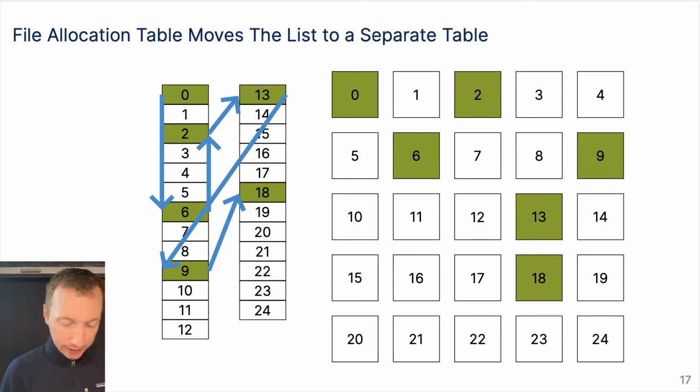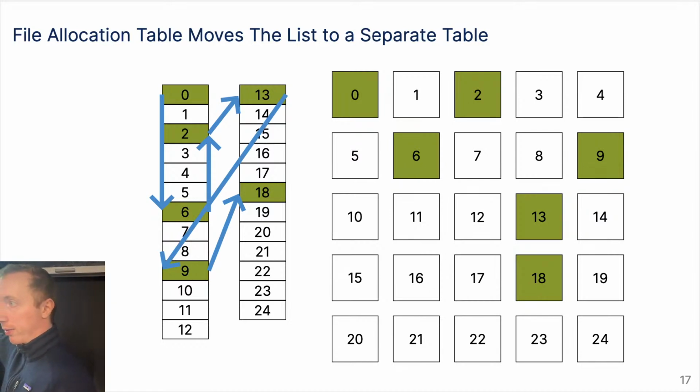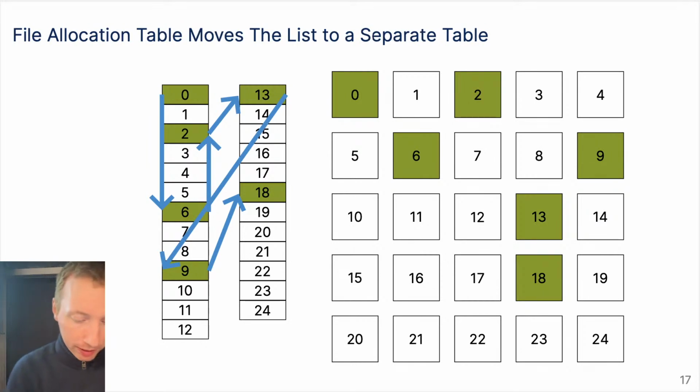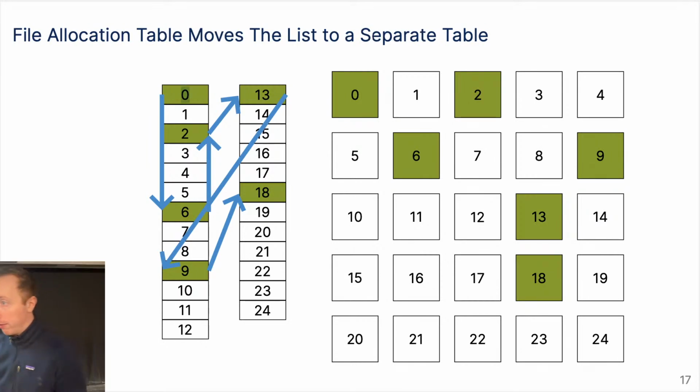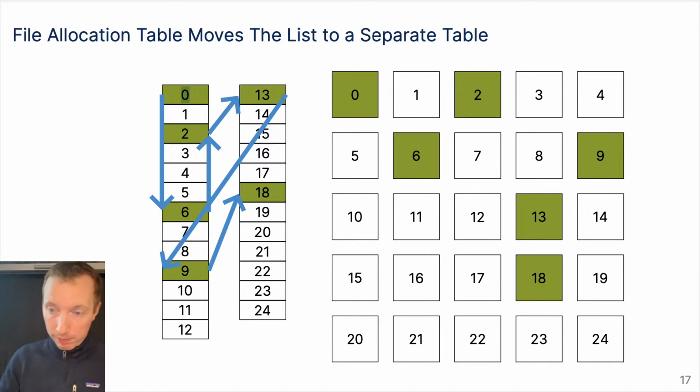So in this case, before I had block 0 point directly to block 6, and that pointer to block 6 was stored in block 0. But instead of doing that, I would store all of the pointers in just a big array. So if I access block 0, I could access its pointer directly and then just jump a few bytes.